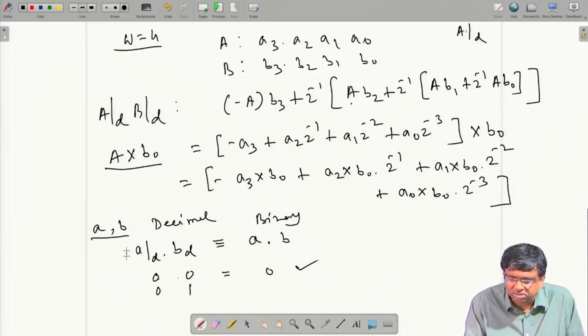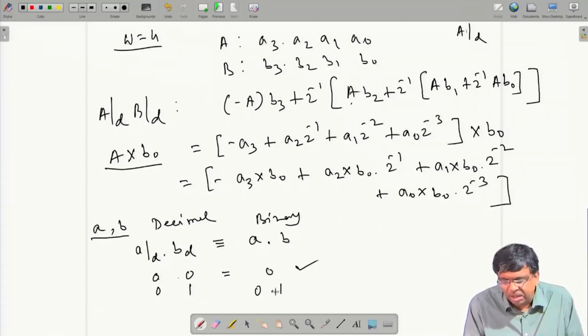If the decimal value of a is 0, that means in binary it is 0. If the decimal value of b is 1, then in binary it is binary 1, and the AND of them, 0 and 1, is binary 0, whose decimal value is decimal 0. So, decimal 0 on this side and 0 into 1 is 0 on this side. So, this is satisfied.